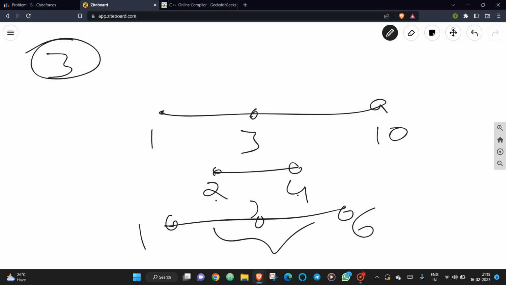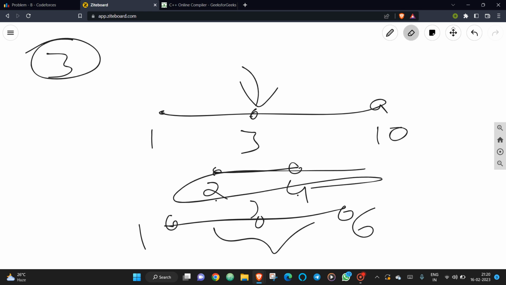That means if a range is including your kth number, there are also other numbers included. So if you need to make your k the highest number of times, then it should be an endpoint, right?